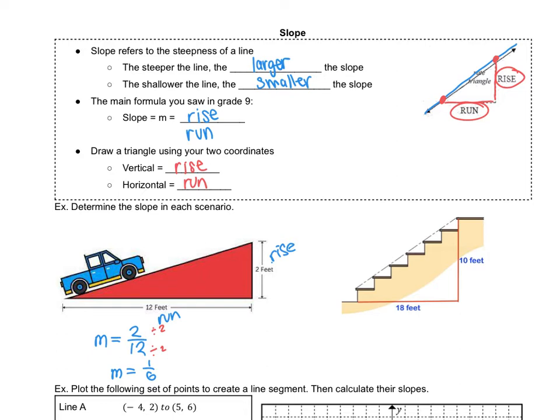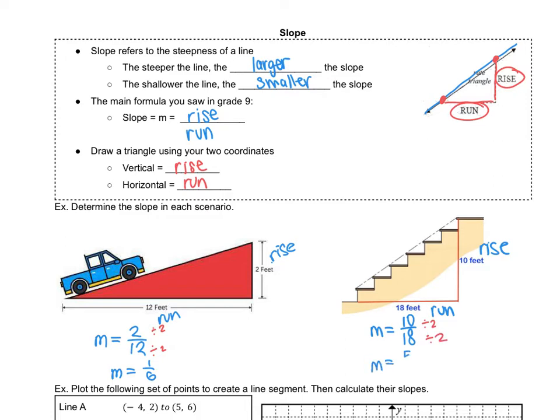Let's try it again for the staircase. So once again, the rise is going to be the 10 because it's the vertical. The 18 is the run. So our slope will be rise 10 over run 18. And again, let's reduce this. Both the 10 and the 18 can be divided by 2.